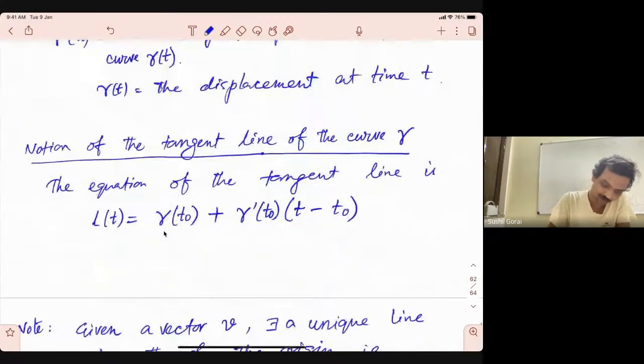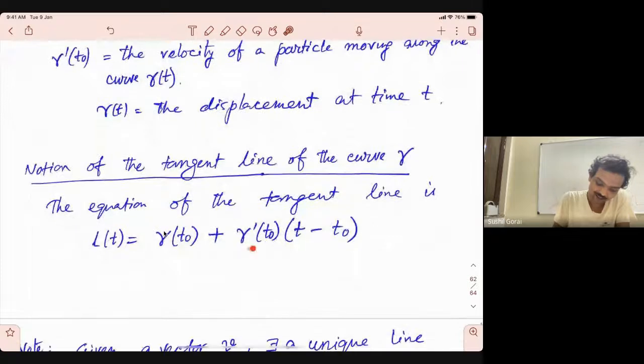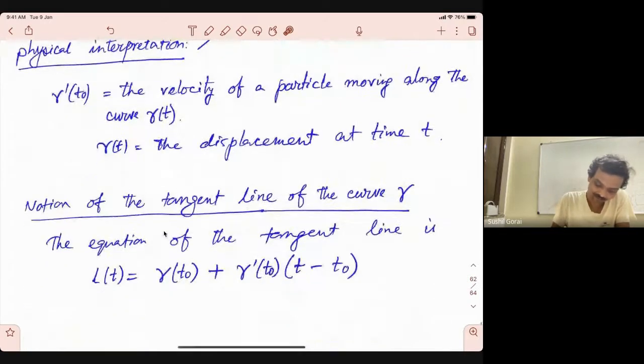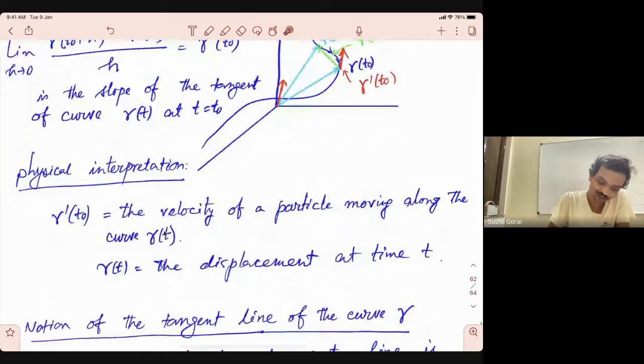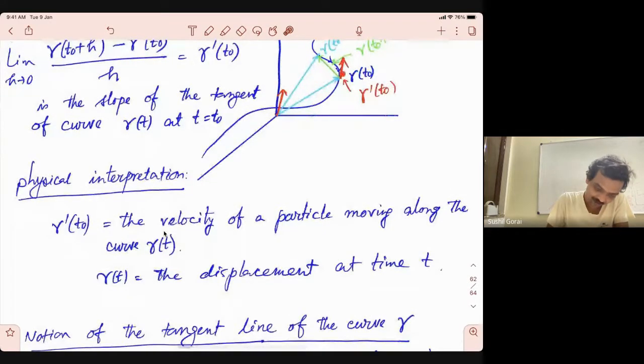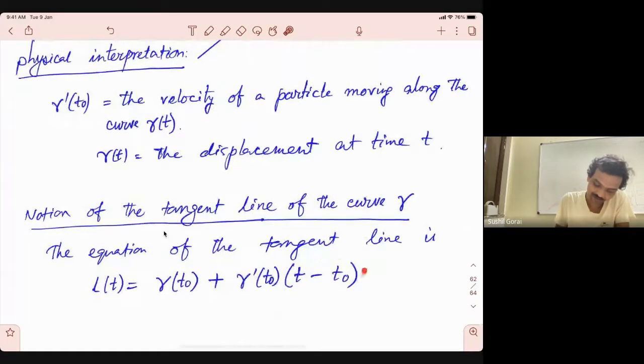Now if you want to look at this form, it is bringing t naught first to the origin, and then looking at the vector along this direction, and then whatever you got, we shift it back. So is it clear? Bringing this point to the origin is actually t minus t naught, right?